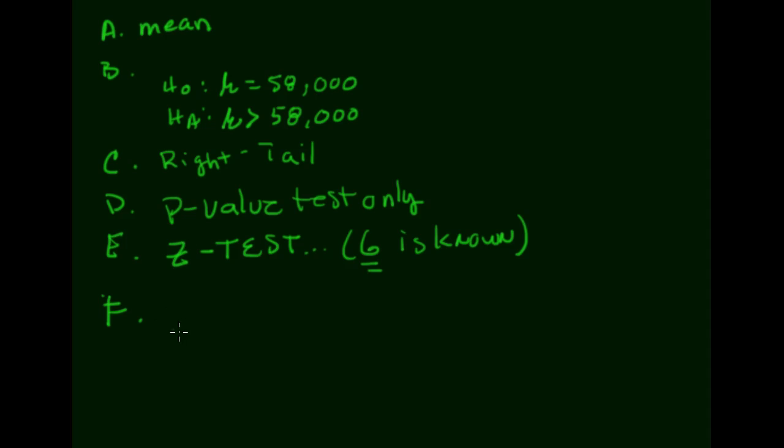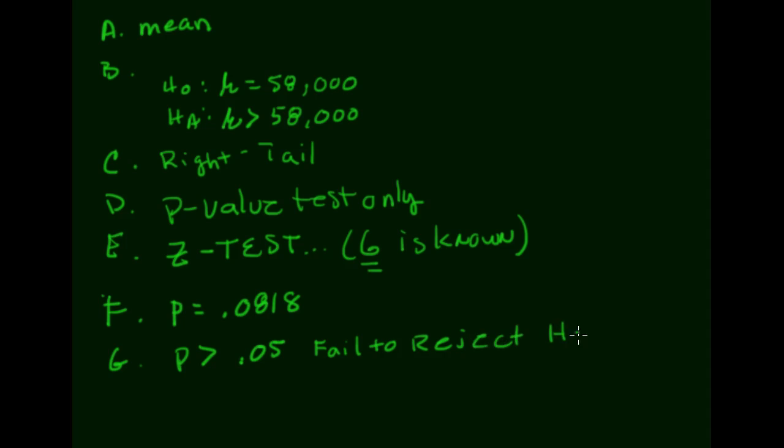Okay, so the p-value that we got from the test was 0.0818. That p-value is larger than 0.05. So in the end, we fail to reject the null hypothesis here.